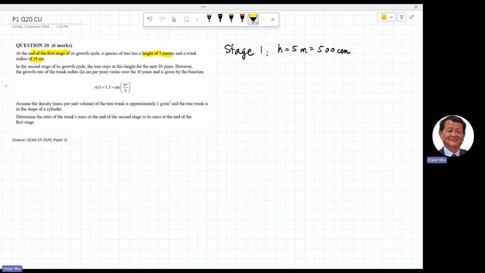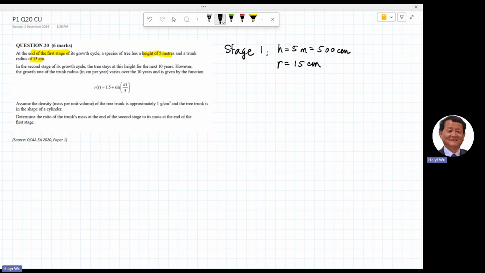So we make sure both are the same unit. And the radius, which is R, is 15 cm. So we make sure those two together have the same unit. So that's stage 1.